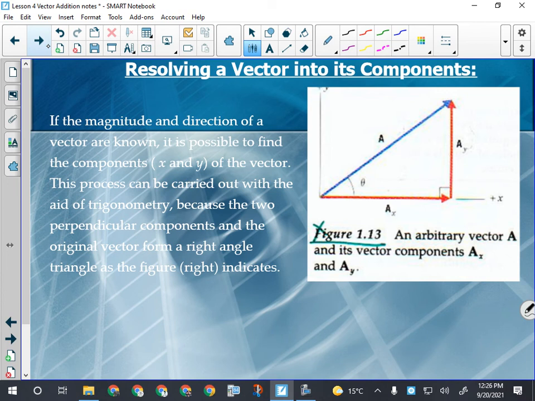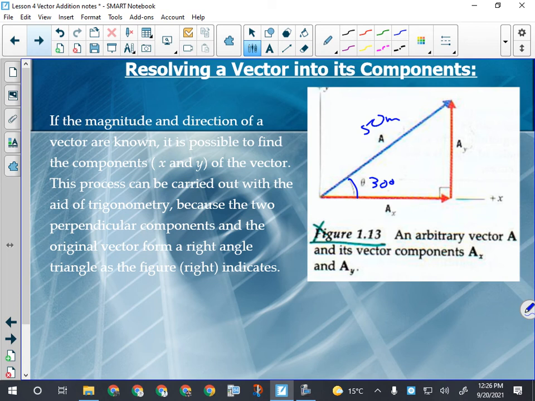So if I'm looking at this one here, and let's say that for this vector, they tell me that it is 50 meters, 30 degrees north of east. So it makes a triangle like the one that's drawn here, where AX is the horizontal component and AY is the vertical component, how far over and how far up it goes.